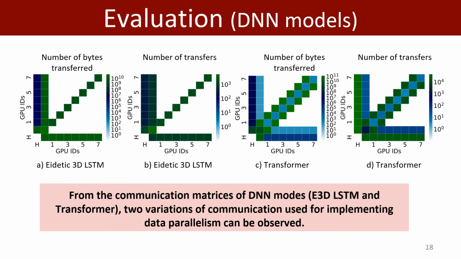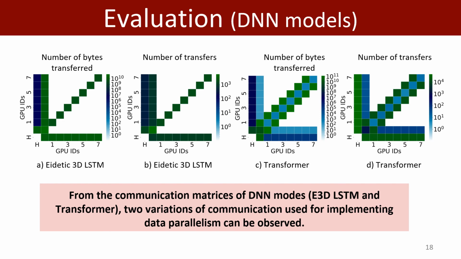Lastly, we will discuss the communication matrices generated by ComScribe for two well-known deep learning models based on data parallelism. The two models are E3D LSTM and Transformer. As we know, for data parallelism, the input is split among multiple GPUs, each of which holds a replica of the model.